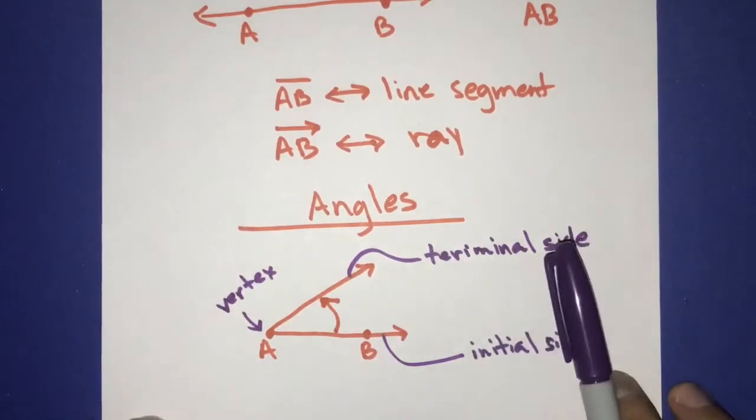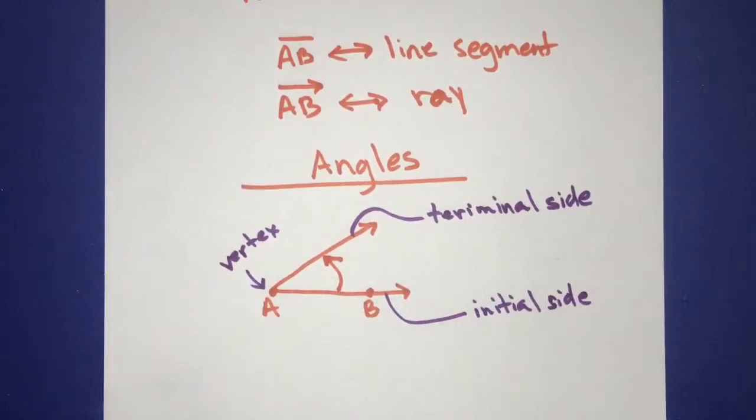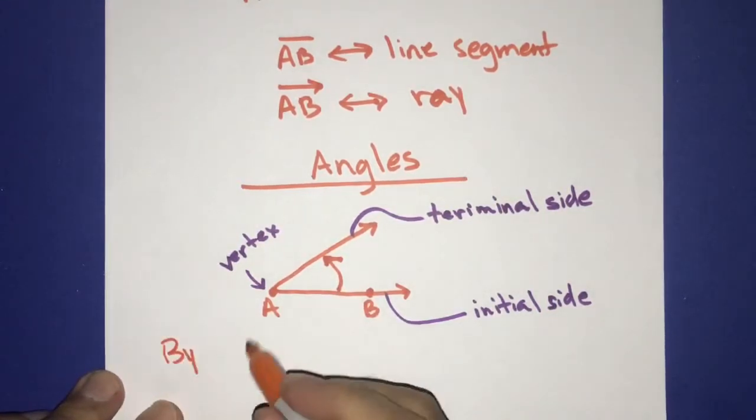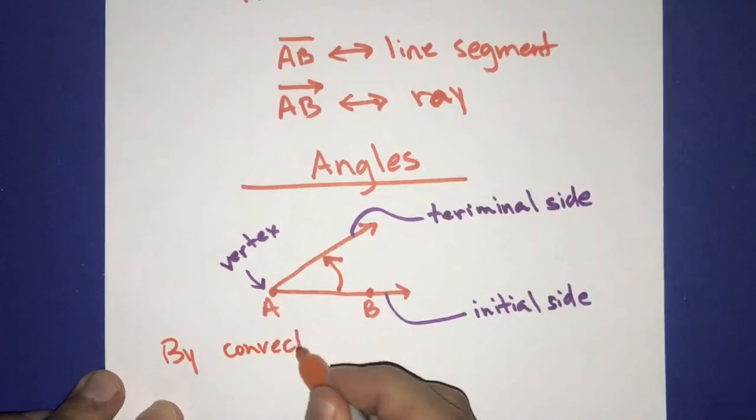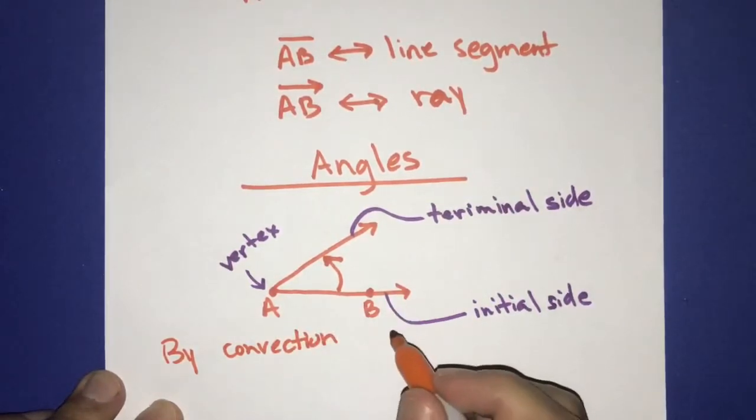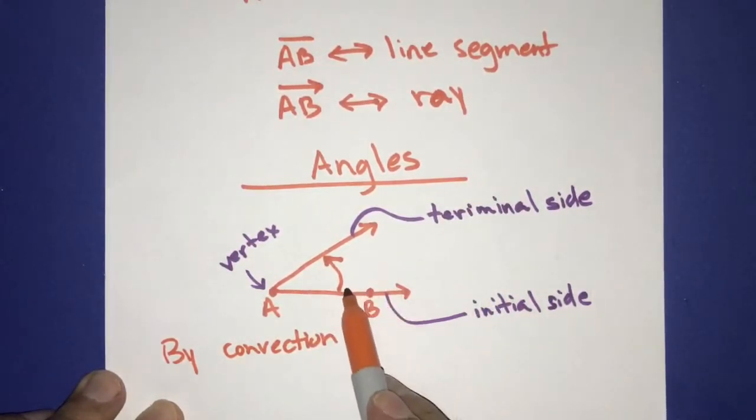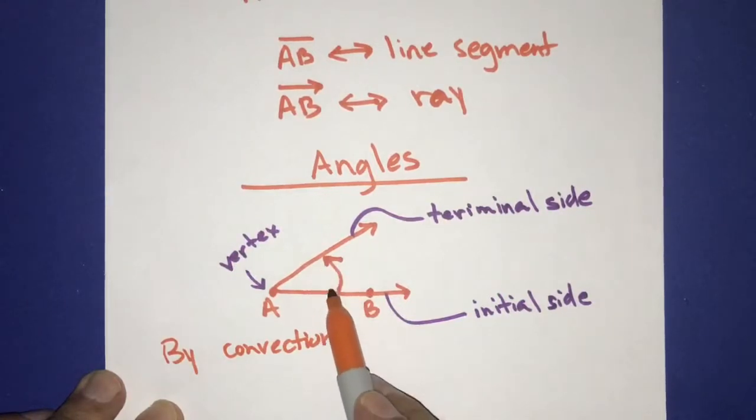So by convention, we're going to take a rotation of the initial side. When it goes counterclockwise, this is going to be a positive angle.